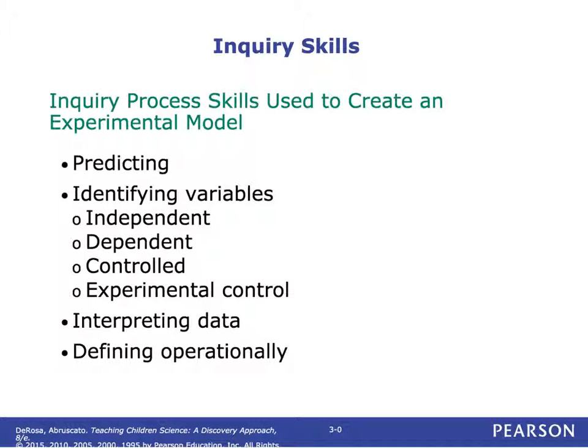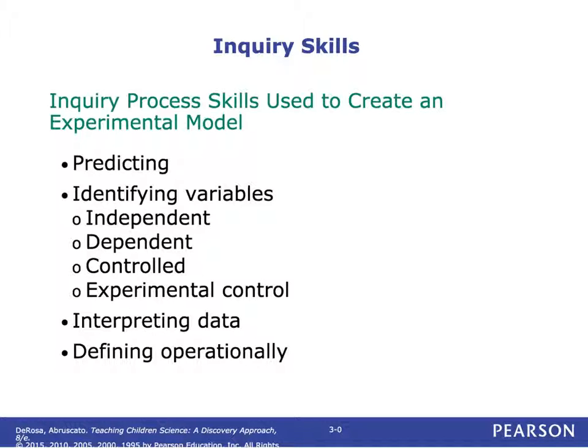It's going to have a prediction. It's going to have identifying variables: the independent, the dependent, the controlled, and potentially the experimental controlled. It's going to require that we interpret the data and define the operational parameters.